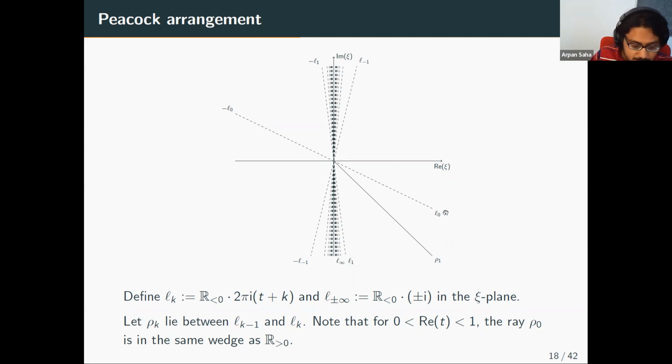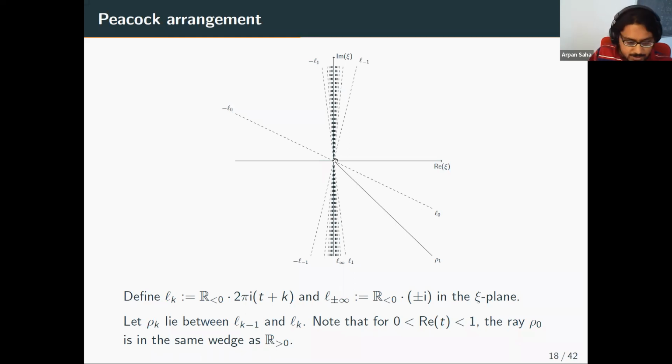Now, the dotted rays are labeled plus minus l_k, k running over all the integers. For carrying out Borel resummation, I'll need to choose some rays along which I take the Borel resummation, and these will need to avoid the poles.